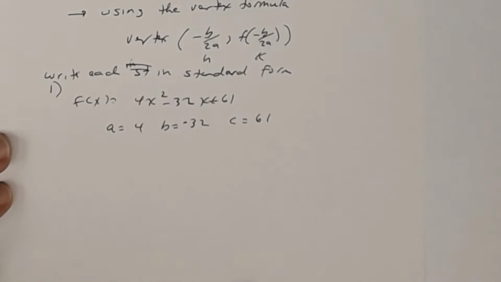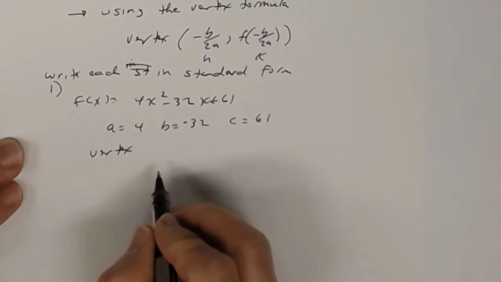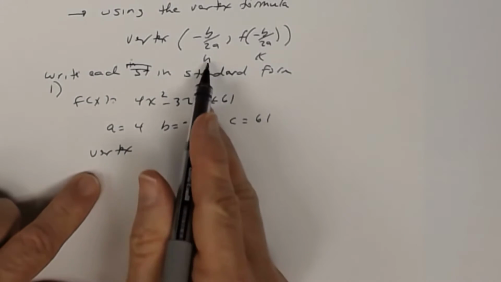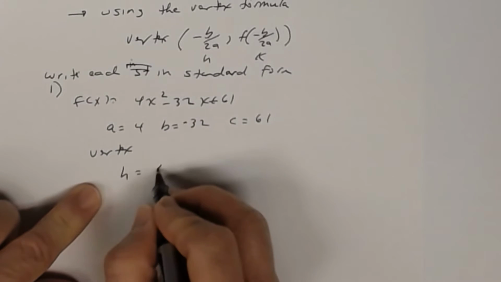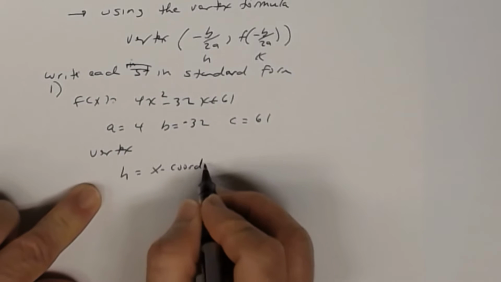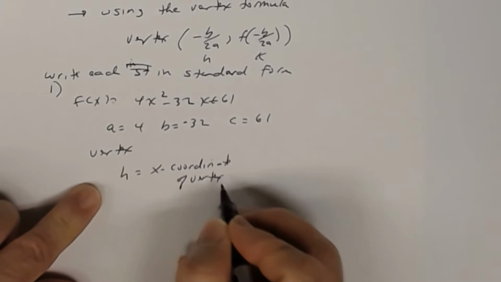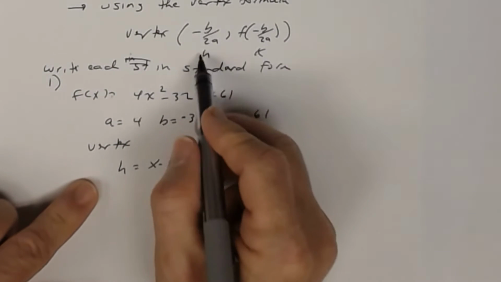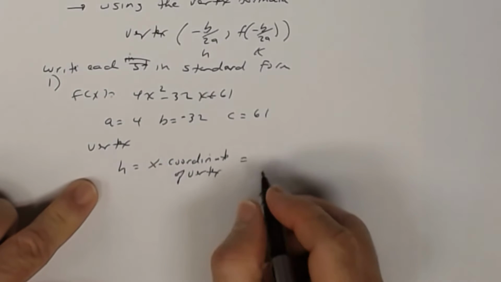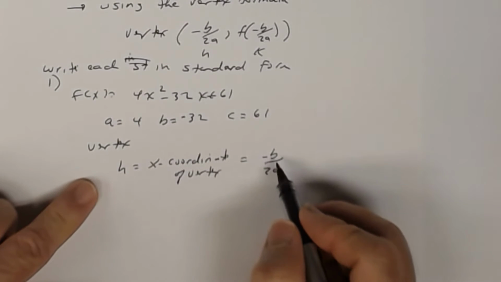When finding the vertex, we first find h. Remember, h is the x-coordinate of the vertex. The formula for finding the x-coordinate of the vertex is negative b divided by 2a. Think of negative b as the opposite of b.